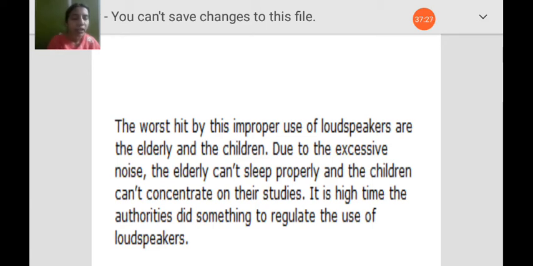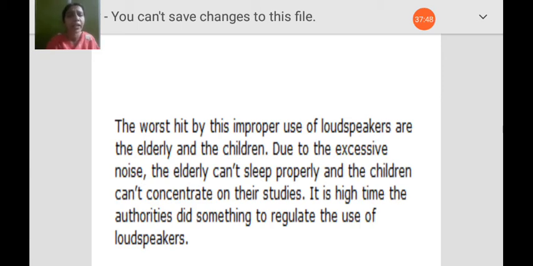So we are writing that the authorities should do something for the regulation or for the proper use of these loudspeakers. With this, I have ended my three paragraphs of the body of the letter.